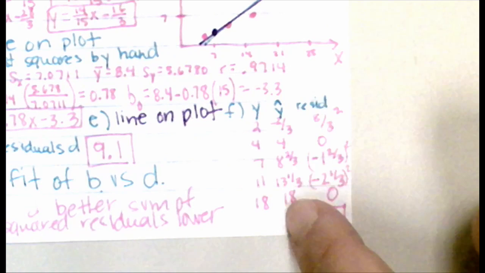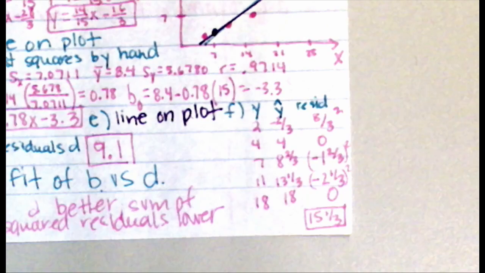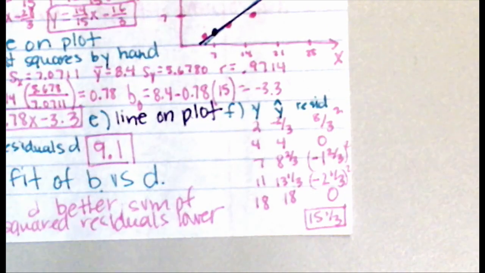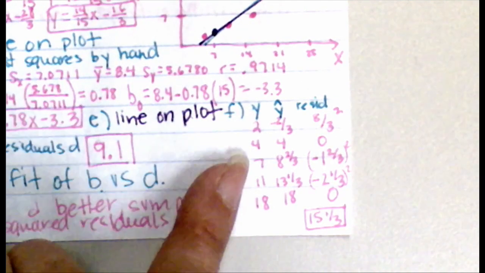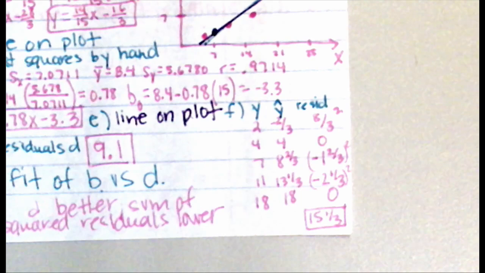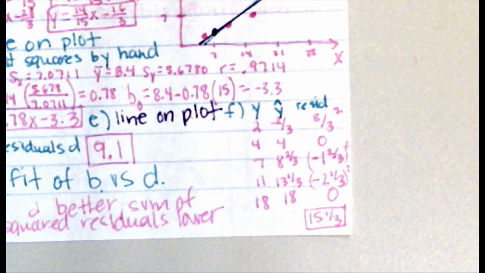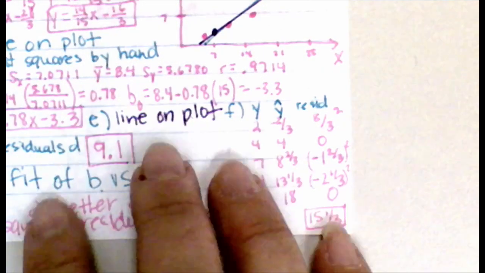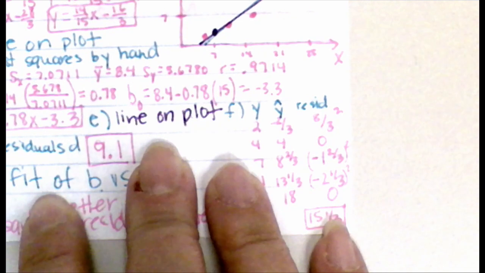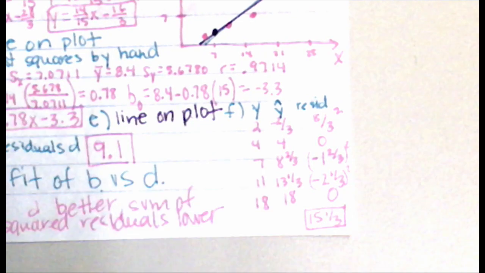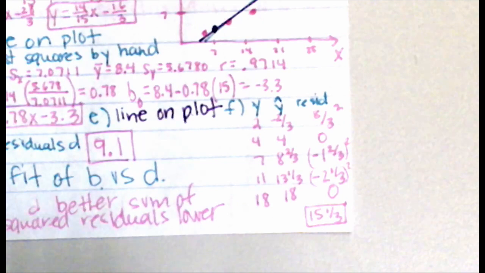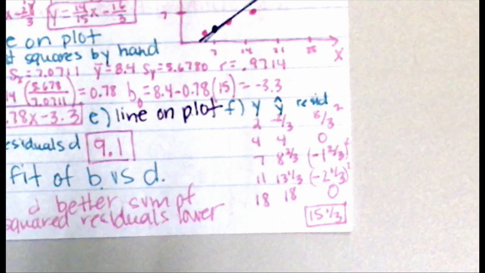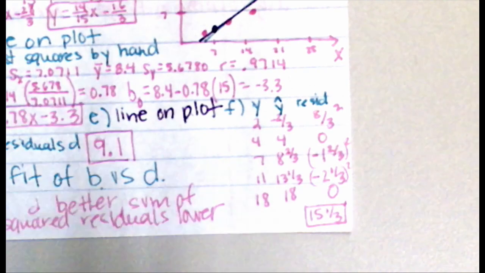The y hat values are the values that I would get when I plug in the x's that are associated with these y's into my least squares regression line from, let me see which part, the one from part B. So again, if you selected points that are different than mine, your answer is going to be a little bit different here. And that's okay.